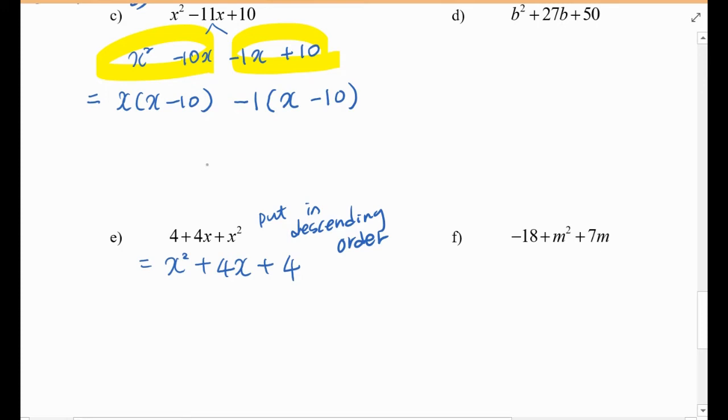If this is confusing, just keep using the letter to find the answer. Okay, what's in common? I have the bracket in common. Then I'm going to factor out the bracket. After factoring out, you can just erase it. What's left over? Then x minus 1 is left over. So this is the answer. Okay?